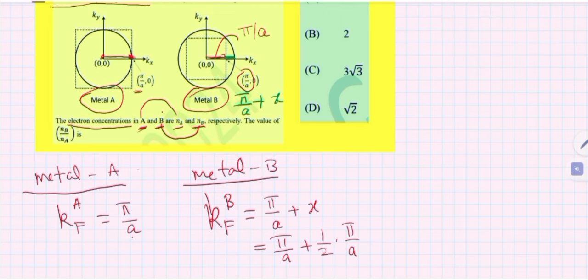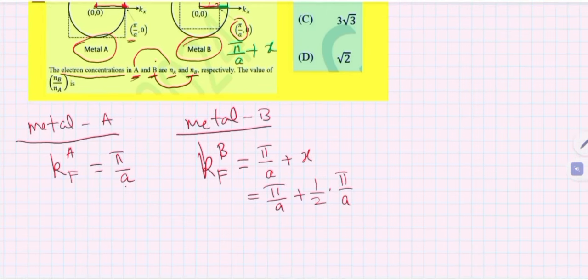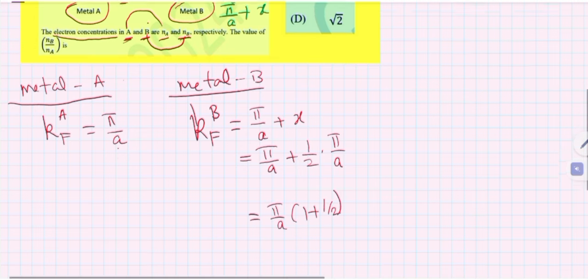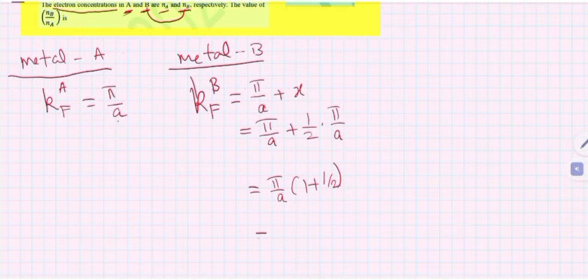Then we will try to simplify this kf value. So that means pi by a times 1 plus 1 by 2, so that is equal to pi by a into, if you simplify this, 3 by 2.